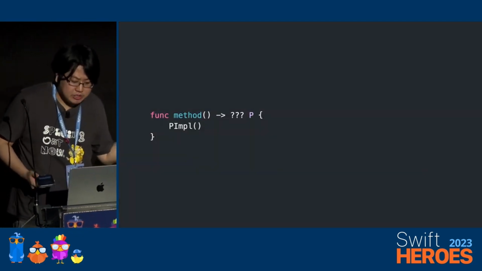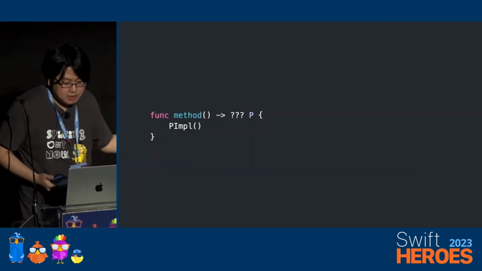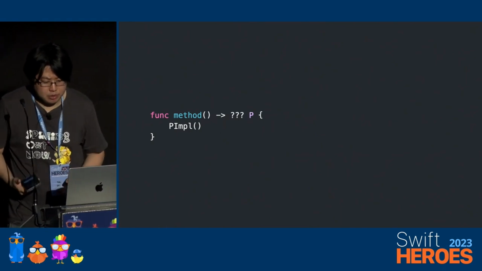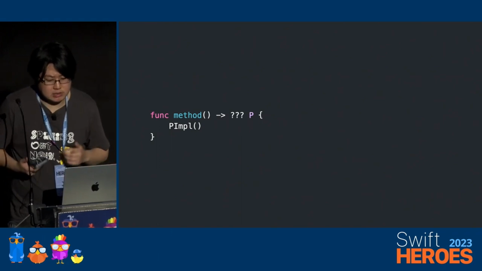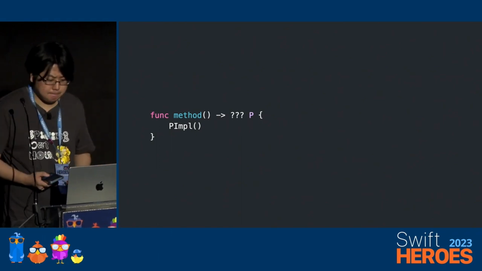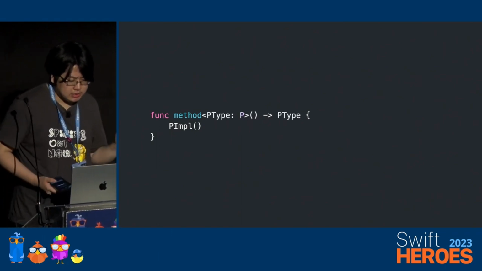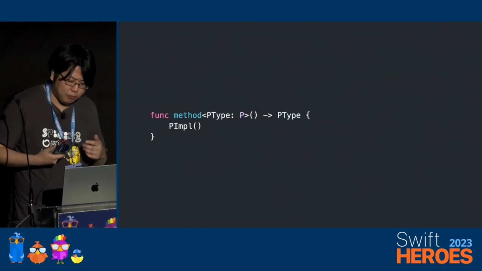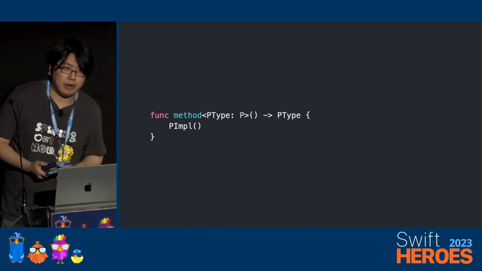Let's think about how to abstract the return type of this function. Let's try to return a P, an import class which conforms to the P protocol. We want to abstract this return type. First, let's use generics. It looks like that will go well at first, but we have a problem.